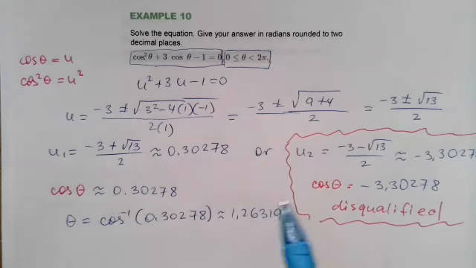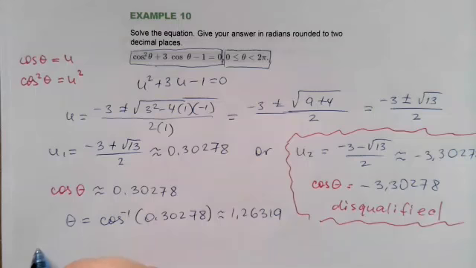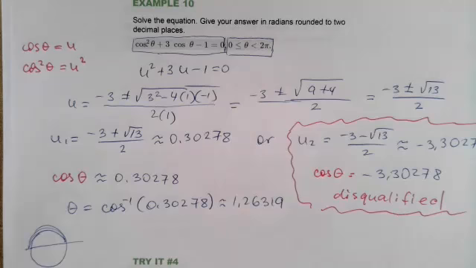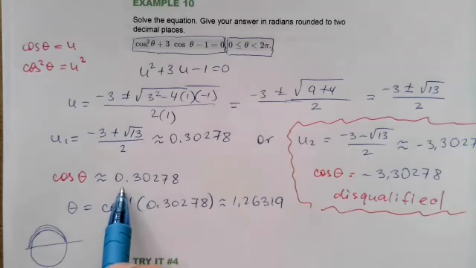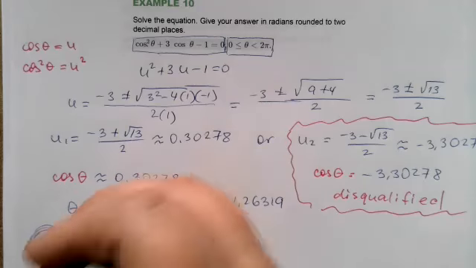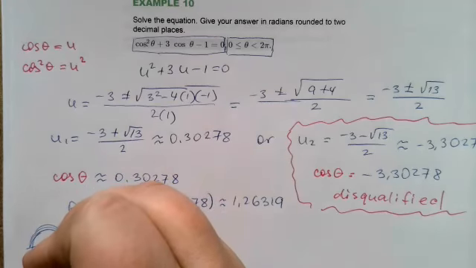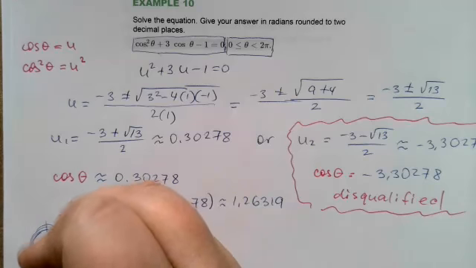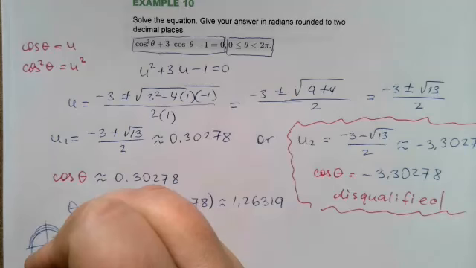Is that all? Well, just like with the previous ones, the inverse cosine only gives you the values in the top part of the unit circle, right? And the cosine is 0.3, so it's about here. If this is x, 0.3 is probably, I don't know, like here.